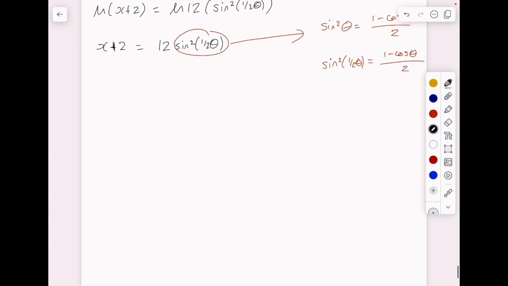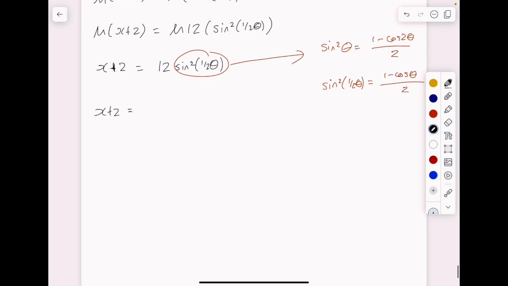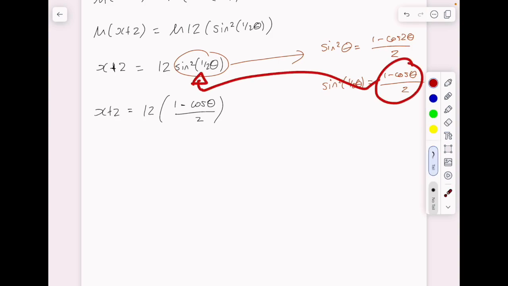Okay, so what can we say? We can say, fine, well, x plus 2 then must equal 12 times 1 minus cos theta over 2. Perfect.